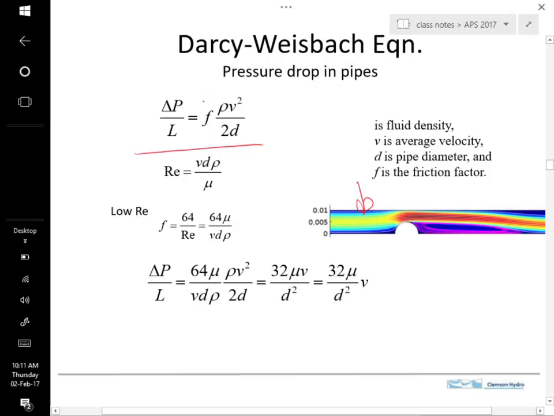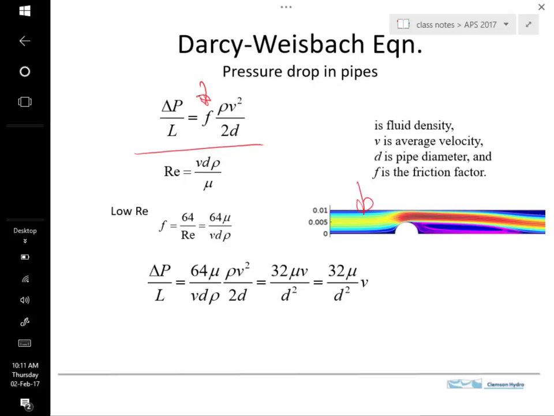The term f handles the effects of turbulence. What you would like is for this relationship to work from laminar to turbulent conditions. People working on flows in pipes want a way to design the piping system, or to understand how the head drops in pipes over the full range of flows.